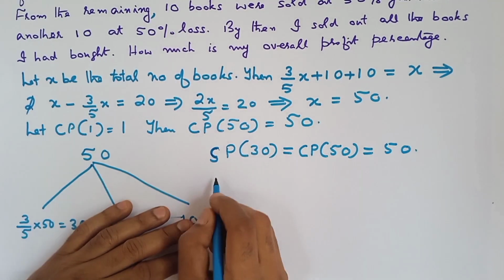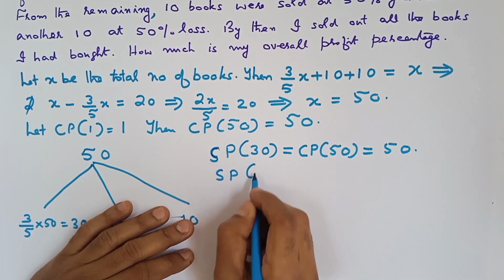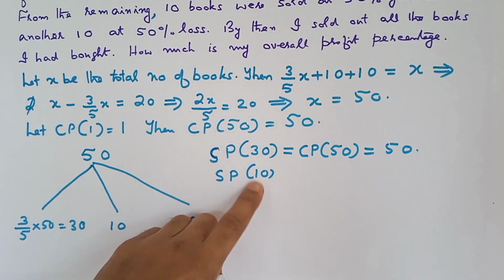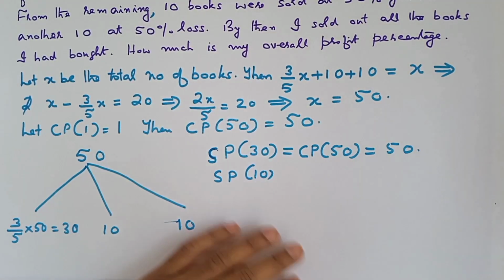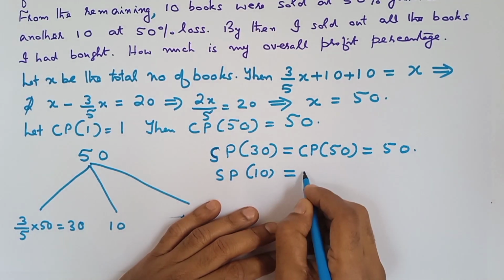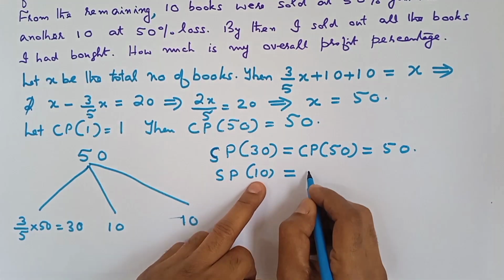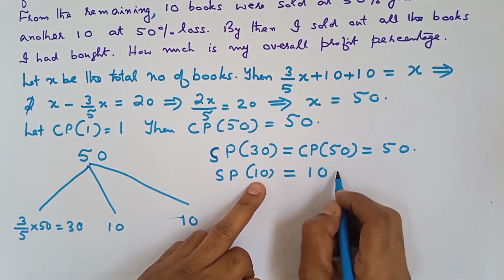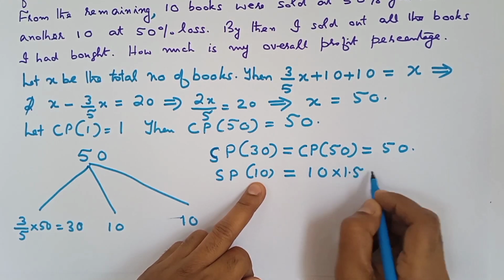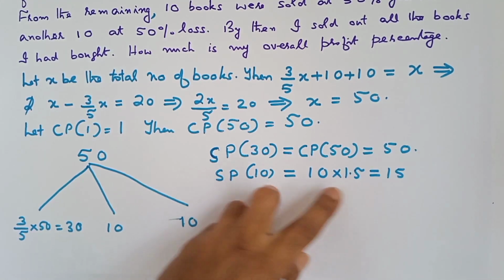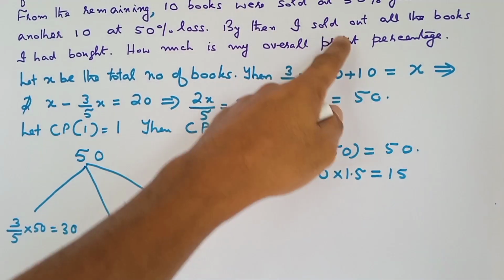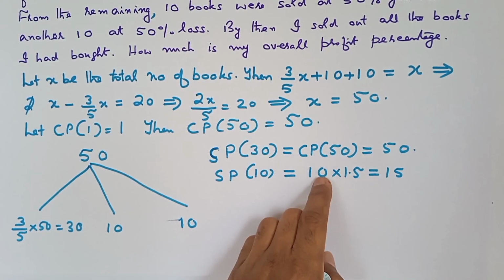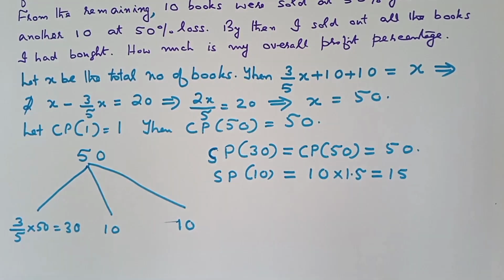Okay. Now, SP of the second part, that is said to have been sold at 50% gain, which means CP of 10 books will be 10 and that into 1.5, because 50% profit means we multiply cost price by 1.50.